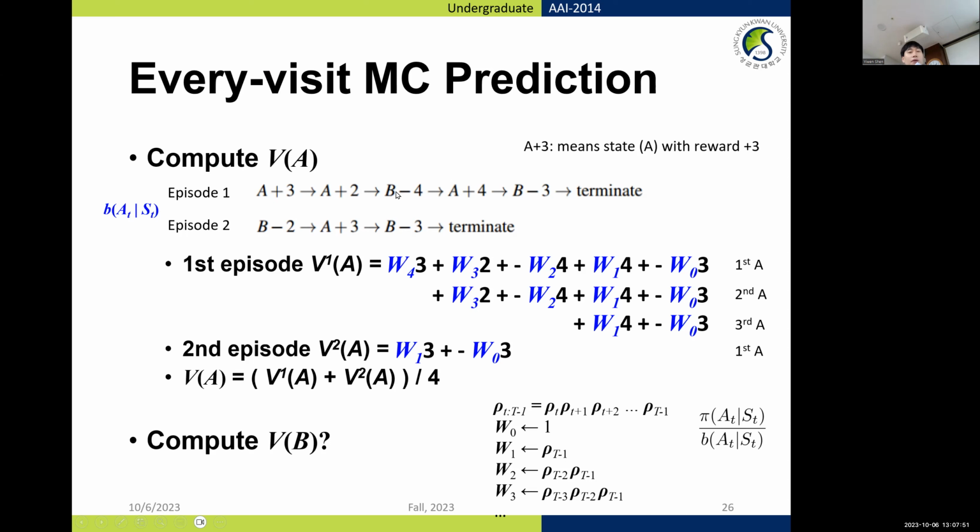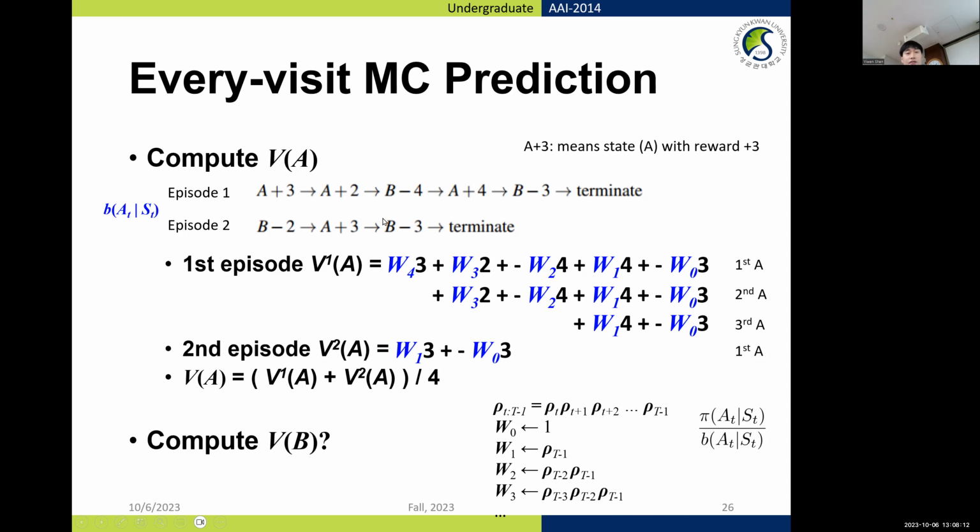V1B has been visited twice in the first episode, the first one and the second one, so you have two lines, the first B and the second B. In episode 2, B has been visited twice as well, so you also need two lines. Totally still 4 times.